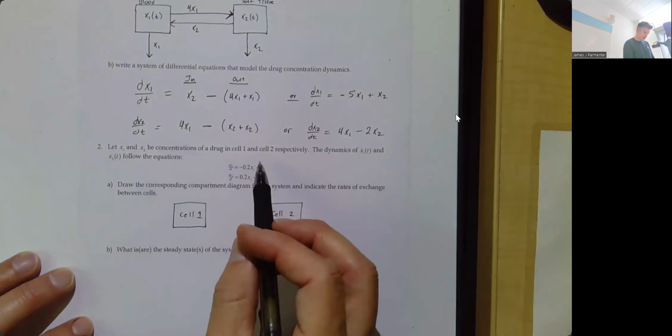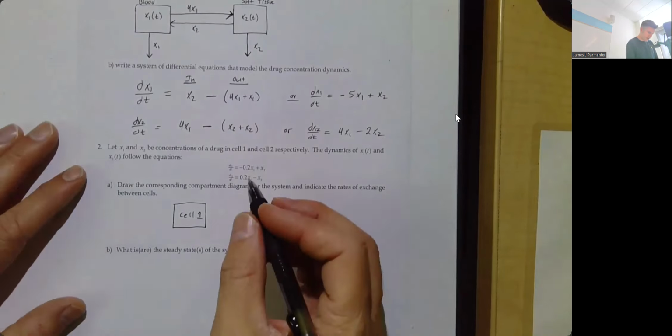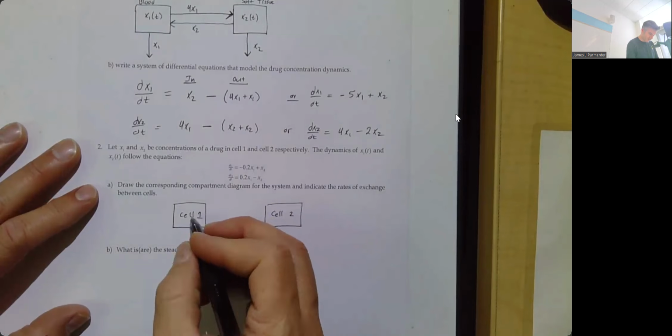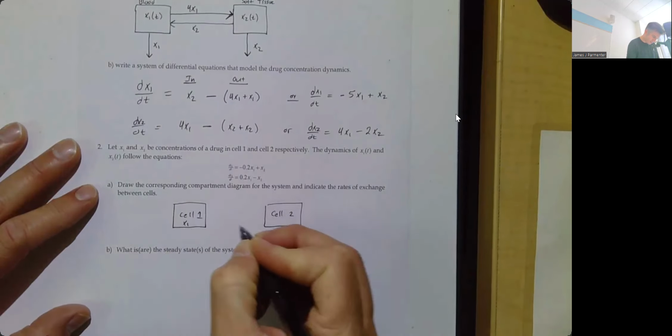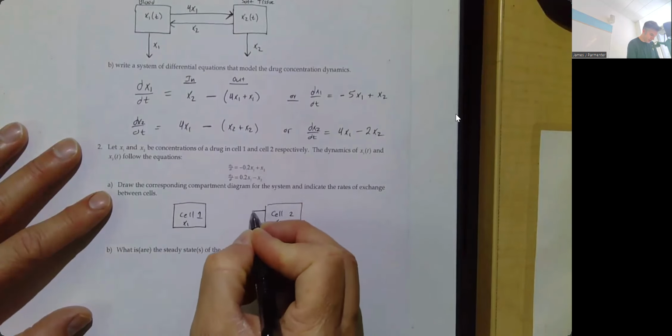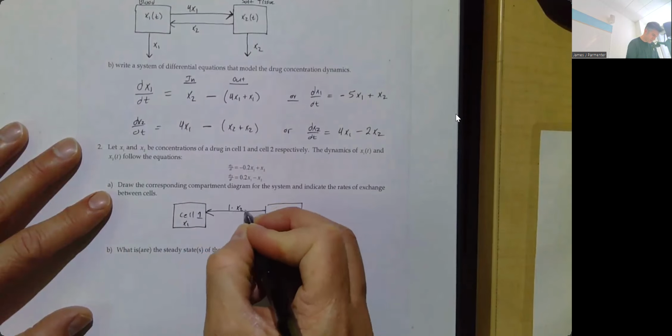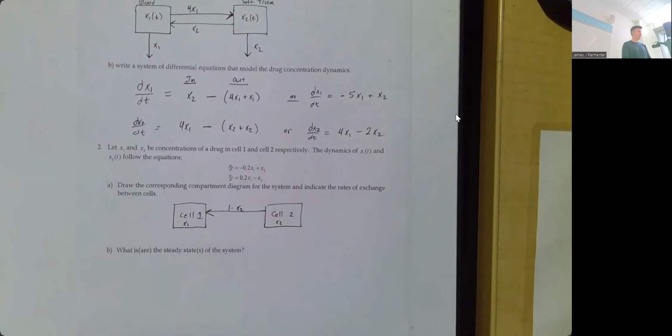It's interesting. The hard part for me about this is they didn't tell us all the arrows we have, but if we just think about what's going on here, I know that coming into cell 1, which is X1, I need 1 times X2. Well, the only way to get that is to have it come from X2, like that.